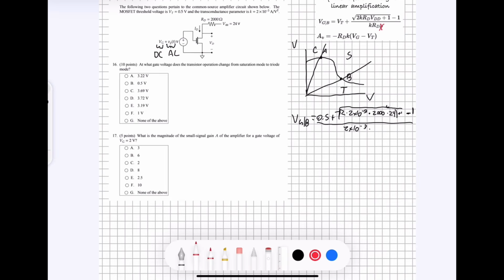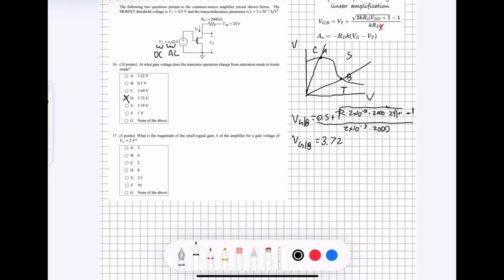Let's cross that out. RD is equal to 2,000. If you solve this equation, you get VGB equal to 3.72, and that corresponds to answer D for number 16.